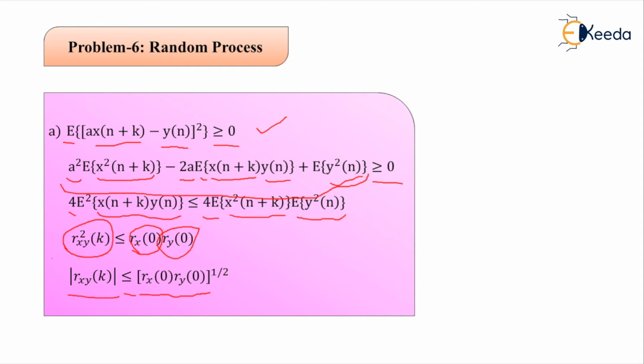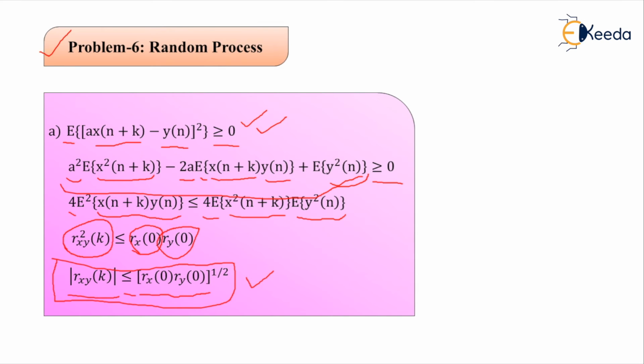This is nothing but the first inequality in the problem statement which we had to prove. So from the first equation that we have taken, we can prove this. This is the solution to part A of problem number 6.